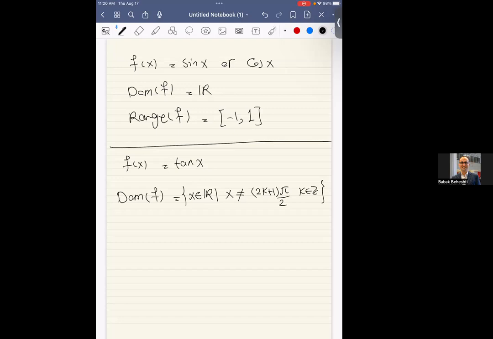That is the domain for tangent. And these are the vertical asymptotes: x equal to 2k plus 1 times pi half.